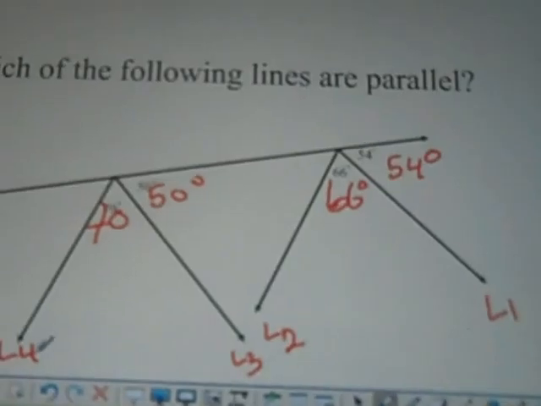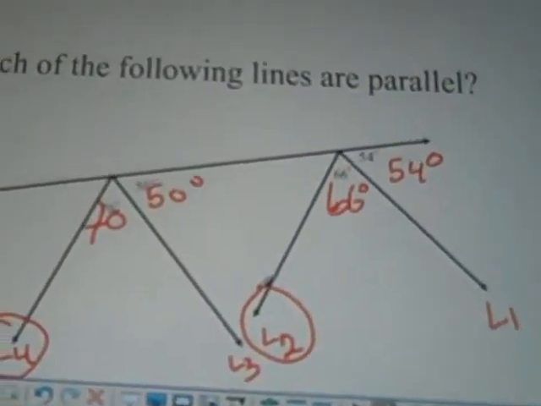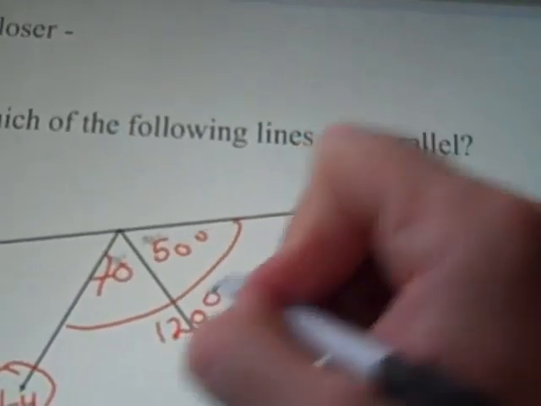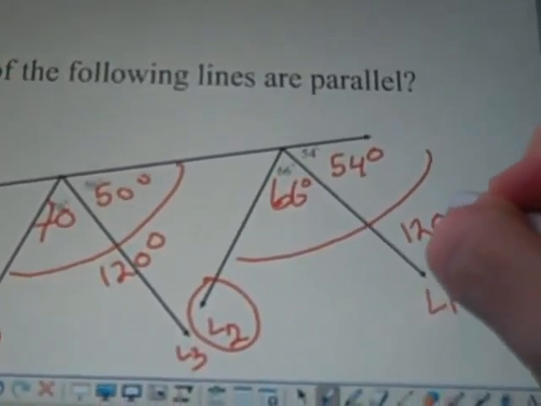If you said line 4 and line 2, you're correct. And the reason for that is 70 plus 50 is 120 degrees, and 66 plus 54 is 120 degrees.